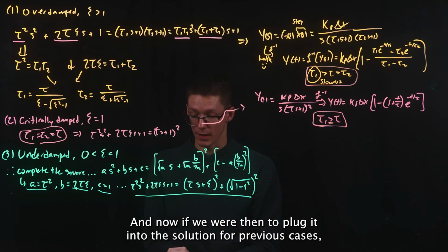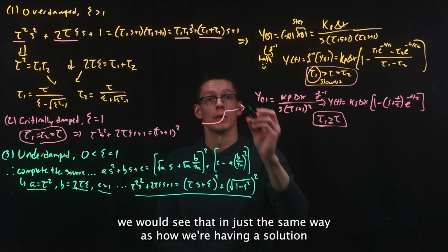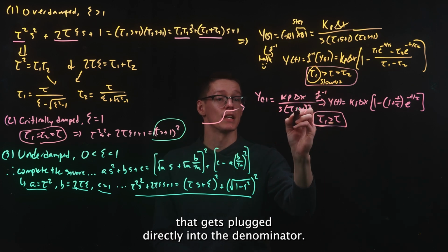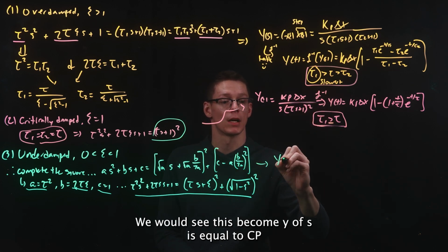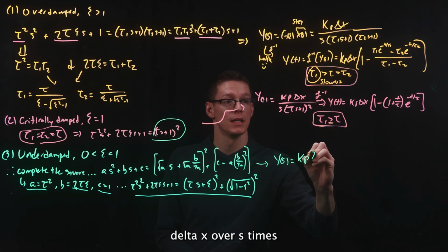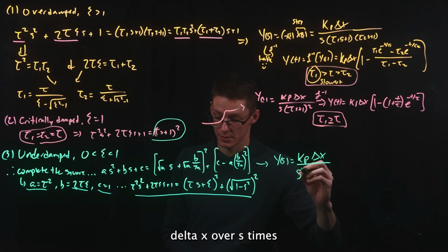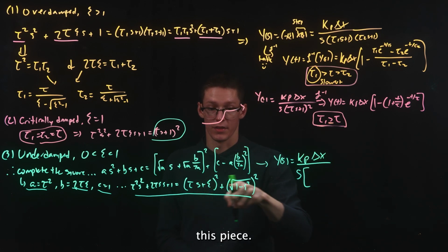And now if we were then to plug it into the solution for previous cases, in just the same way as how we're having a solution that gets plugged directly into the denominator, we would see this become y of s is equal to Kp delta x over s times this piece.